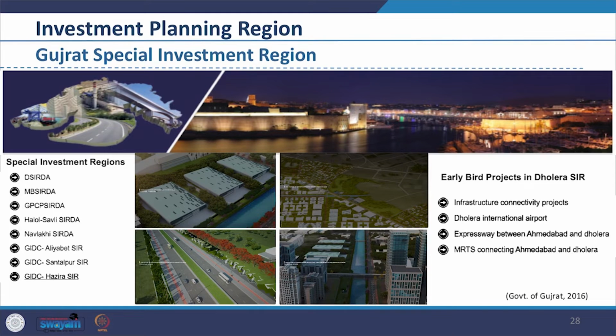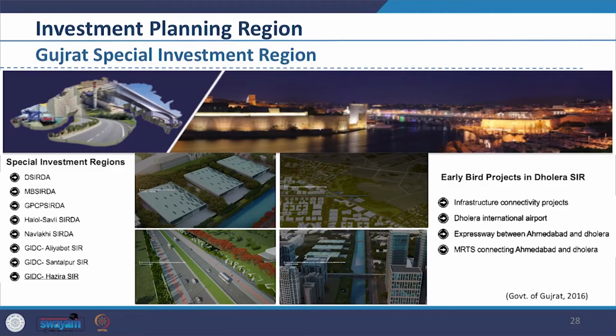Under this act, the minimum area requirement for an SIR is 100 square kilometers. 40% of the area of such zones shall be for industrial activities. This is an example of an intra-state investment region which can be inter-district or intra-district, as we had seen in the earlier cases of different kinds of regional planning areas.